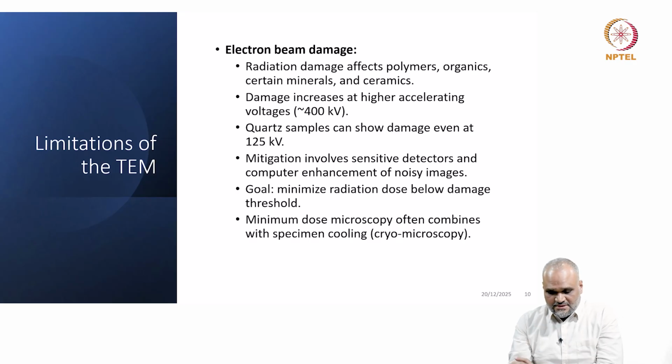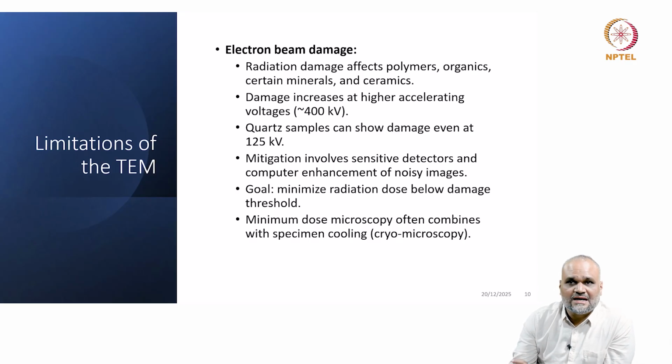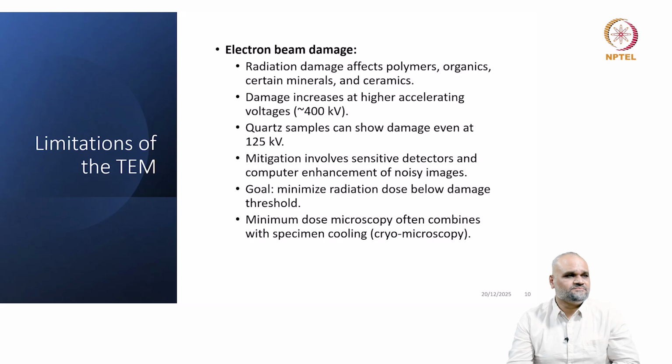So this is what you have in cryomicroscopy. You often have minimum dose microscopy with cooling of a specimen, cryo-electron microscopy. I'll not go into this particular topic in this course right now, but there are ways in which you reduce the electron beam effects and limit the electron beam damage.